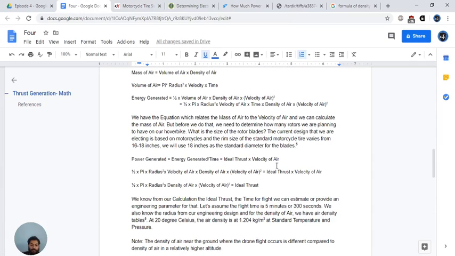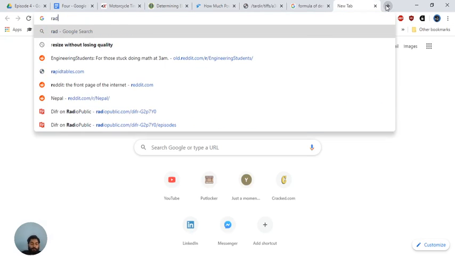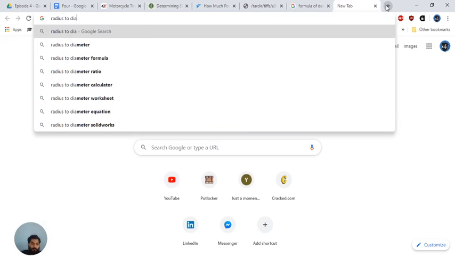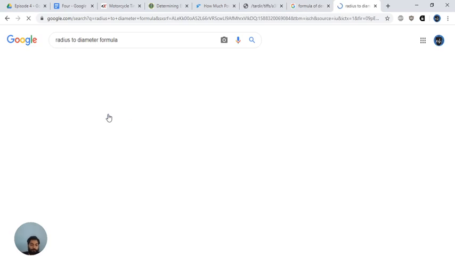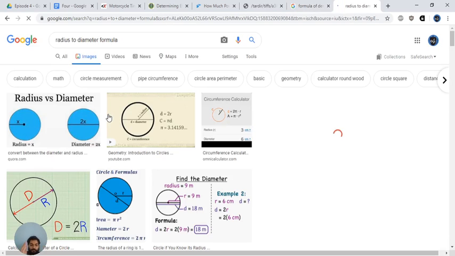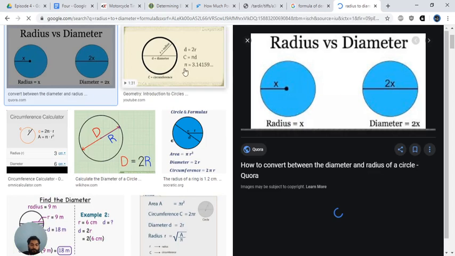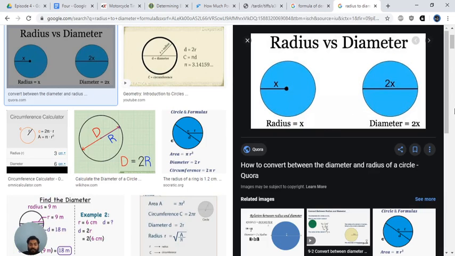That's what I chose. Diameter. Radius is x, diameter is x.